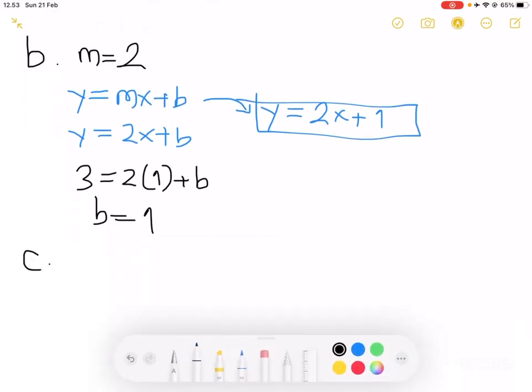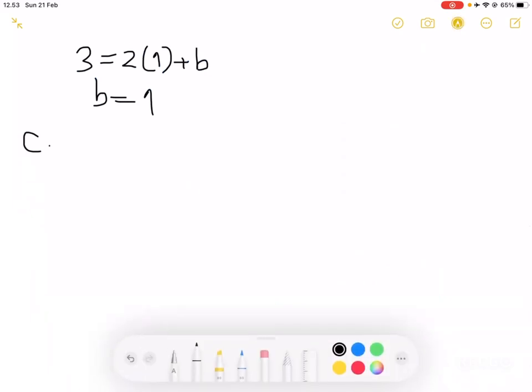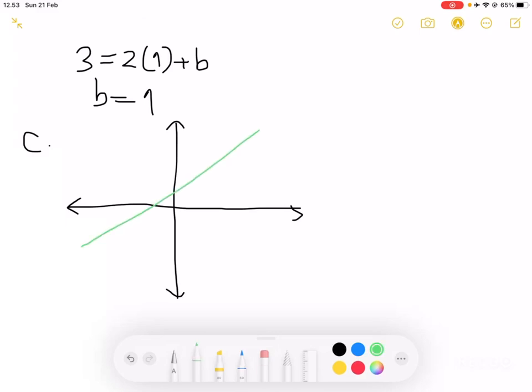Part C is pretty tricky, and I haven't mentioned this property in past videos. So given we have 2 lines, I'm just going to draw an xy plane real quick. Given we have 2 lines, something like this, and something that looks like this, and they are perpendicular at the point of intersection there. Just call this line 1 and then line 2. The gradients of these lines are m1 and m2 respectively.